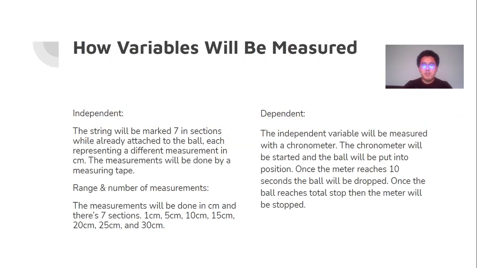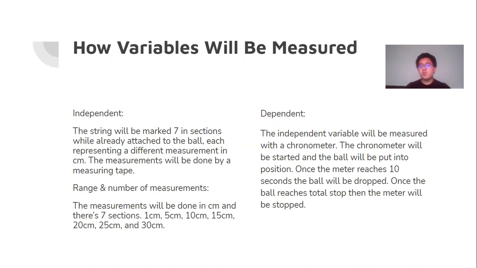Now we move on to how the variables will be measured. First of all, the independent variable will be, as I said already, a string that is marked in 7 sections while already attached to the ball, each representing different measurements in centimeters.